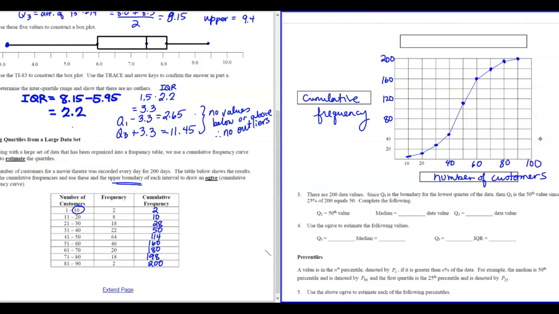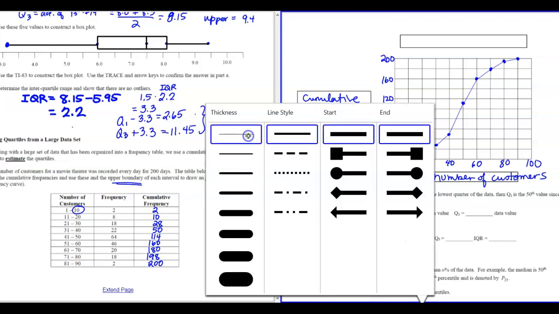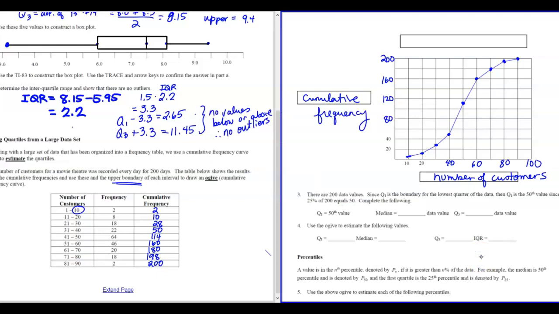So now we're going to use that. If you have the table of values, you can answer some of the questions, but you need the graph to help you with others. You're estimating. It reminds you that there's 200 data values. Q1 is the boundary for the lowest quartile of the data. So if you divide 200 data values into 4, there's 50 data values in each quarter, right, of a box plot.